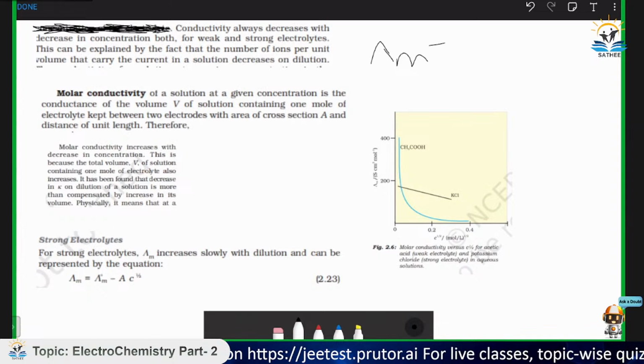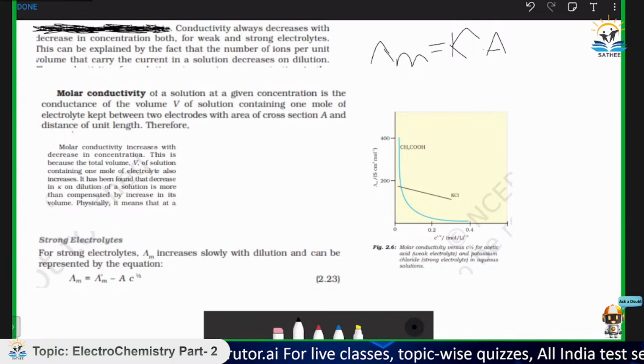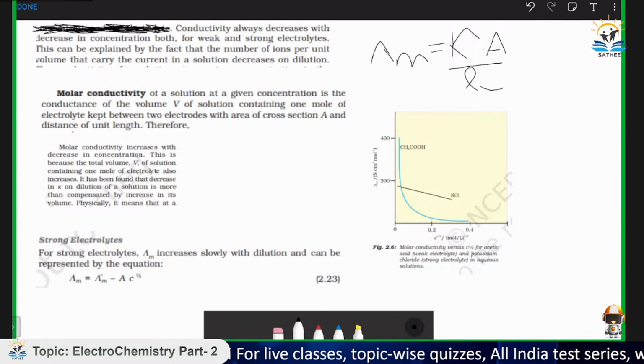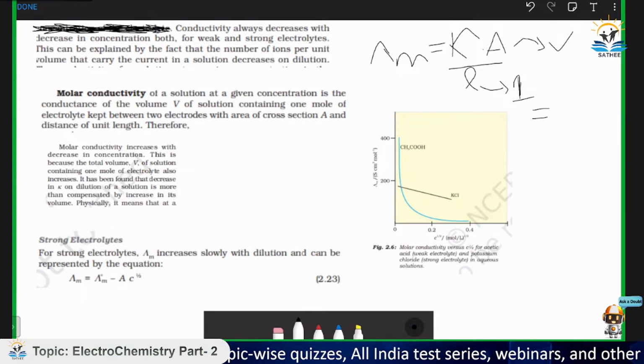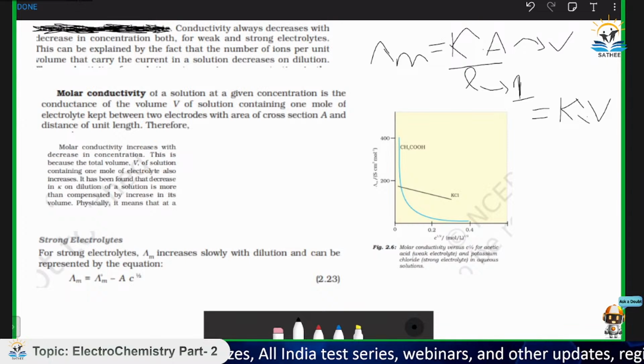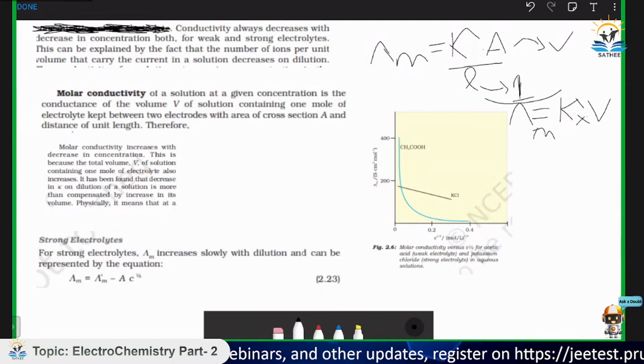Molar conductivity is equal to conductivity times A by L, that is, kappa times volume.